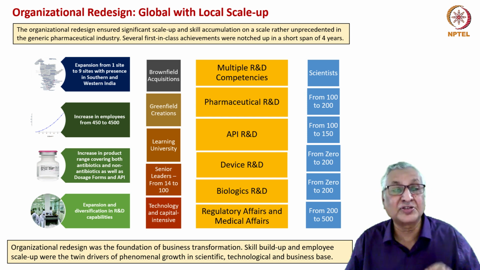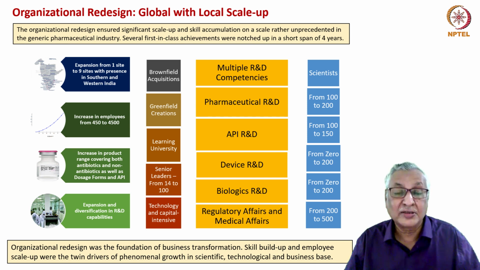Expansion from 1 to 9 sites with presence in southern and western India, brownfield acquisitions, increase in employees from 450 to 4,500, greenfield creations, increase in product range covering both antibiotics and non-antibiotics as well as dosage forms and API, expansion and diversification in R&D capabilities.